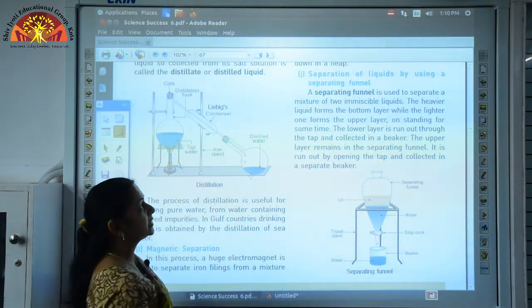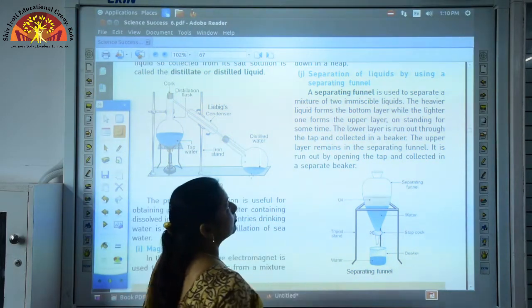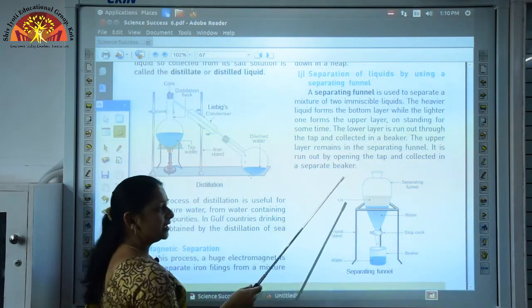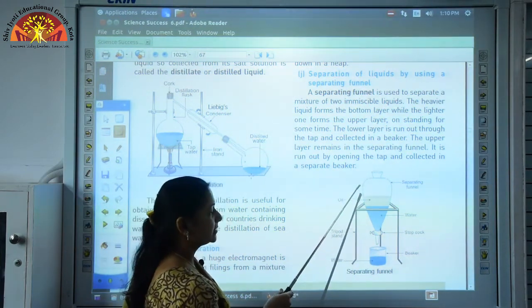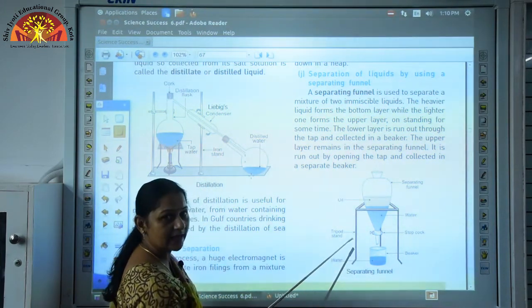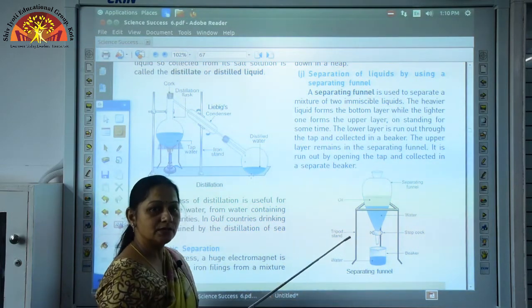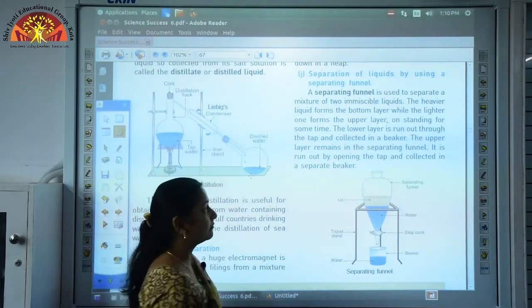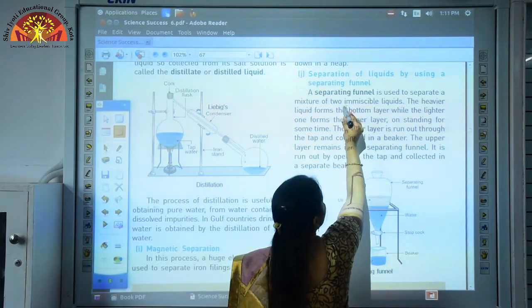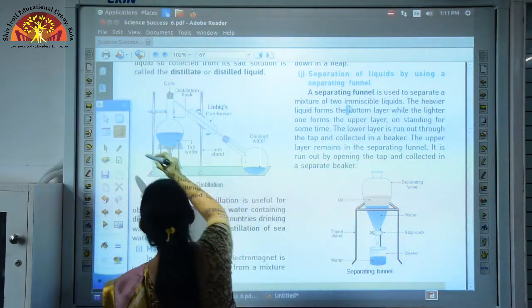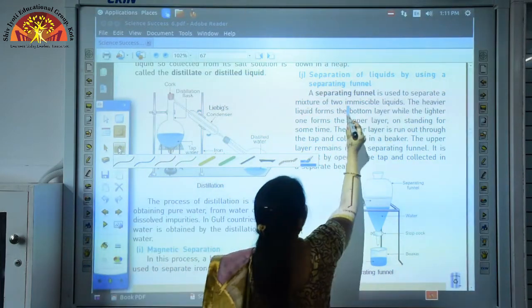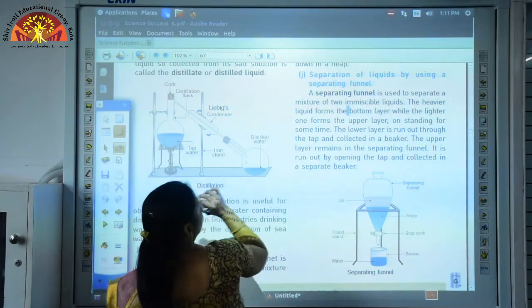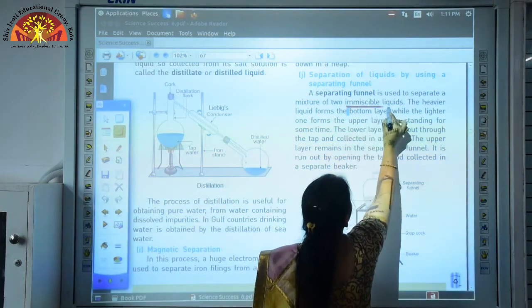Now, our next topic is separation of liquids by using a separating funnel. Here students, you can see that a separating funnel is there, and this method is used to separate two immiscible liquids.